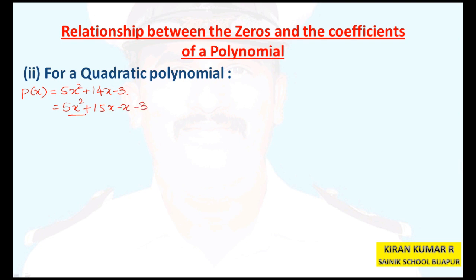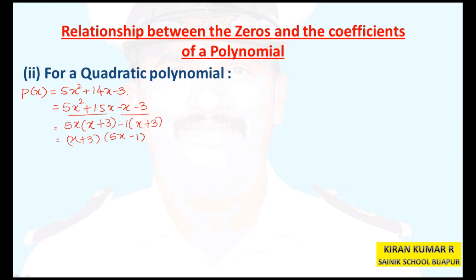In the first two terms, I have 5x common. I will be getting x plus 3. In the next two terms, I have minus 1 common. I will be getting x plus 3. In the next step, it becomes x plus 3 multiplied by 5x minus 1.